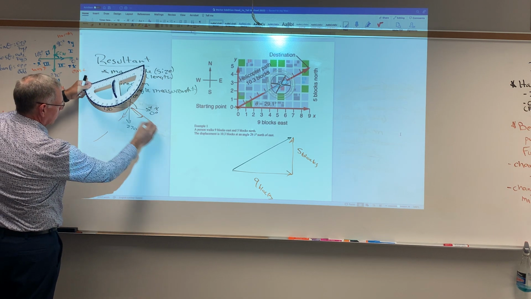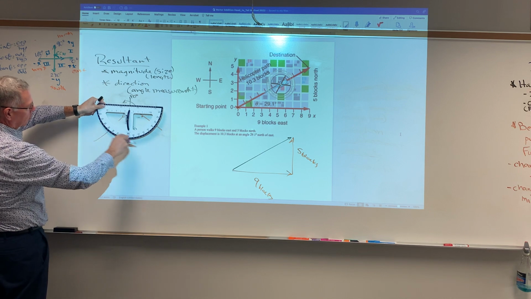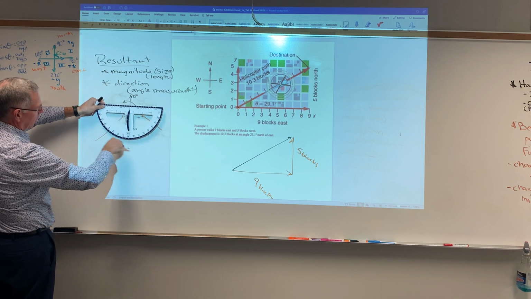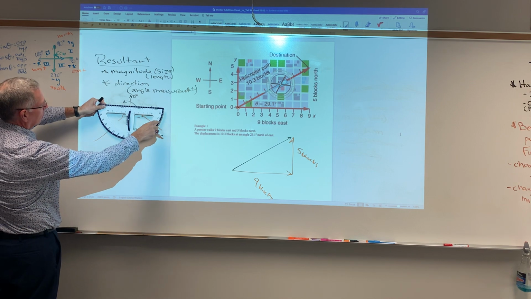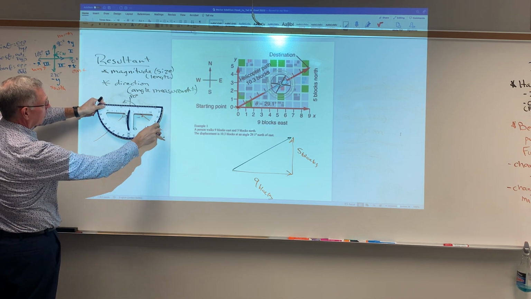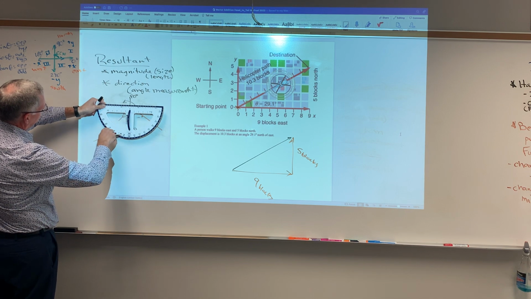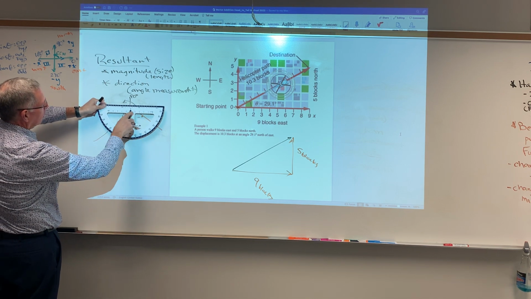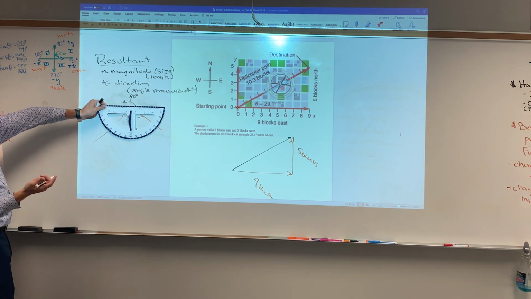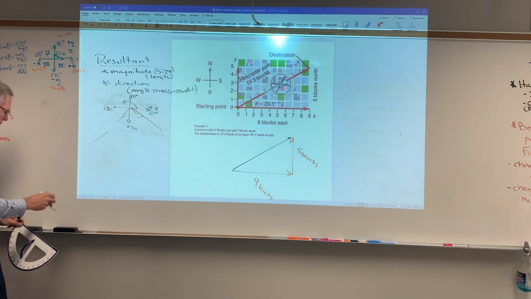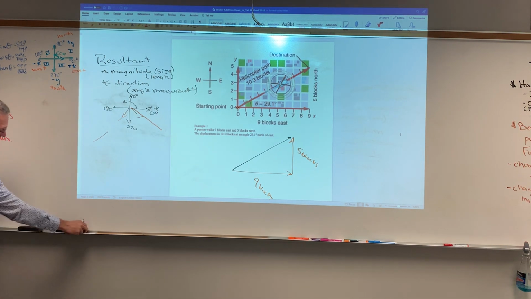And this one, 180 plus 140, so 320. That's what we're talking about when we talk about angle measurements.